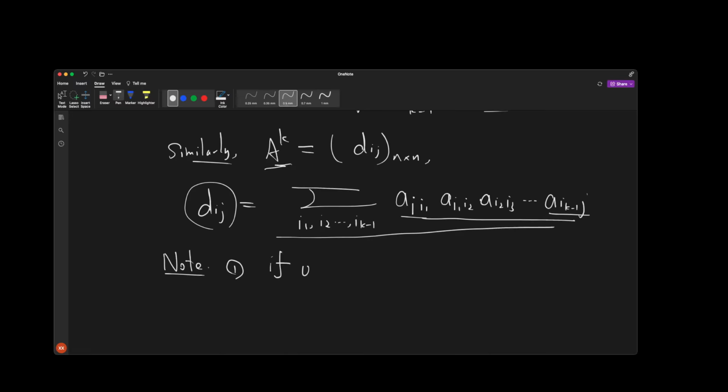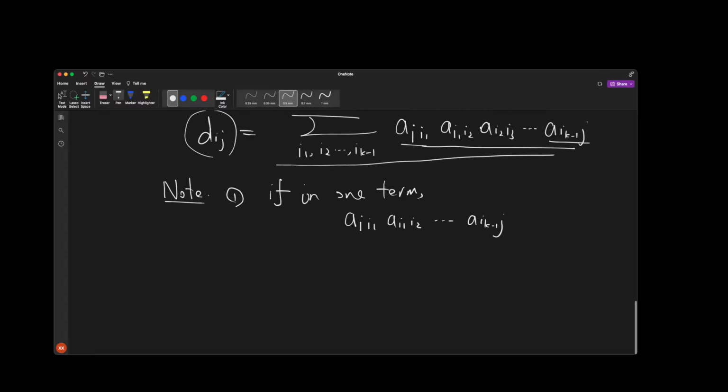If in one term, for example, what do I mean by one term? I write it down. In one term, i1, i2, and so on, ik minus 1, j.